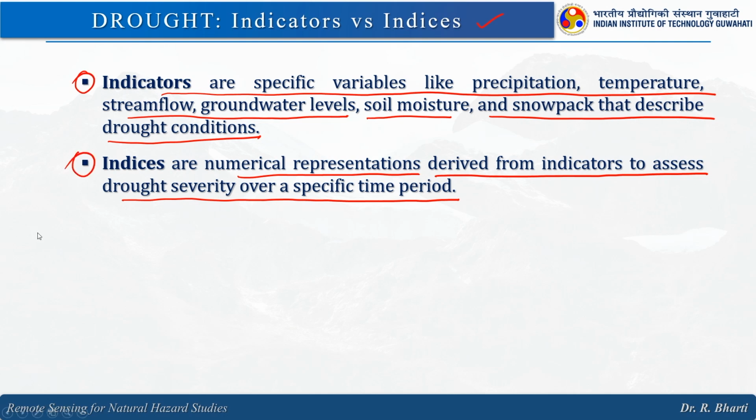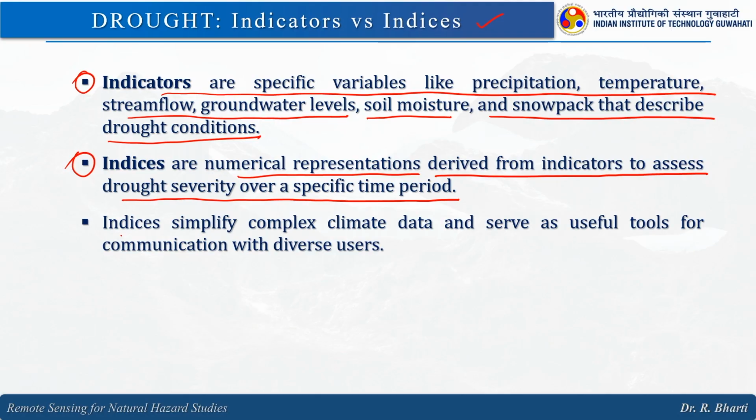So, an index is based on the indicators and we have some numerical values. Based on the numerical values, we can say that this particular area is under drought, or under flood, or in the normal condition. But the indicators are simply the indicating factors or parameters which indicate there is a chance of water scarcity.